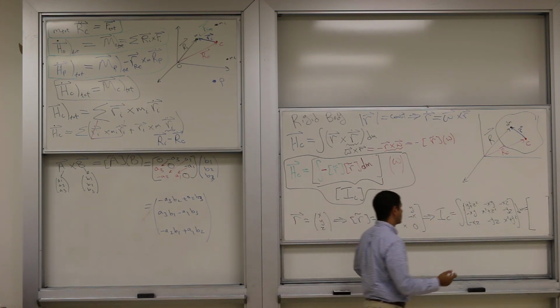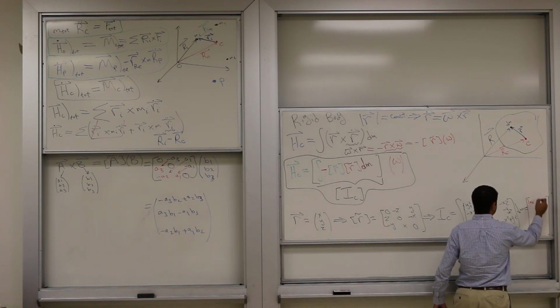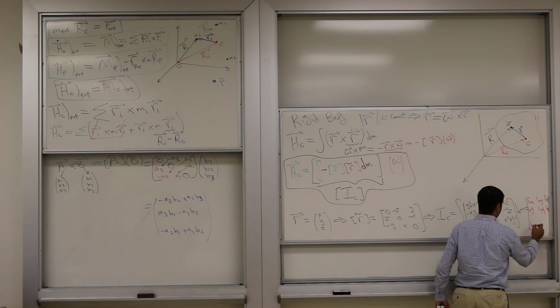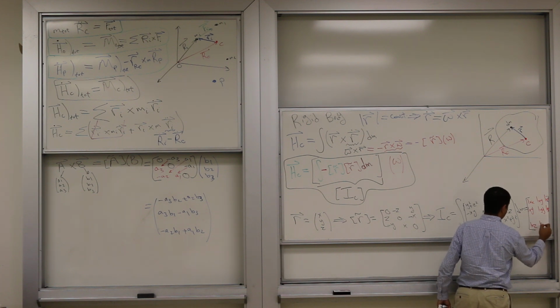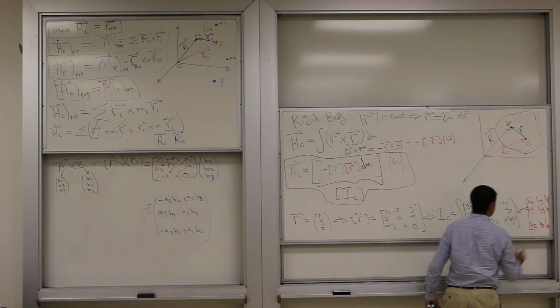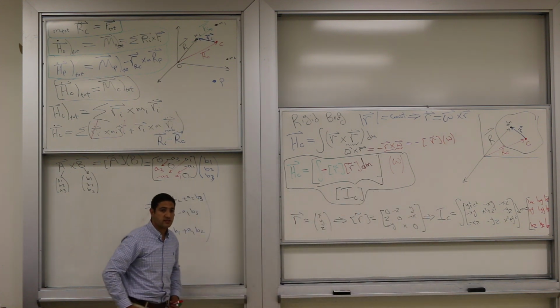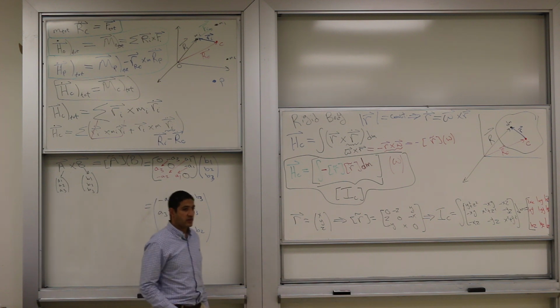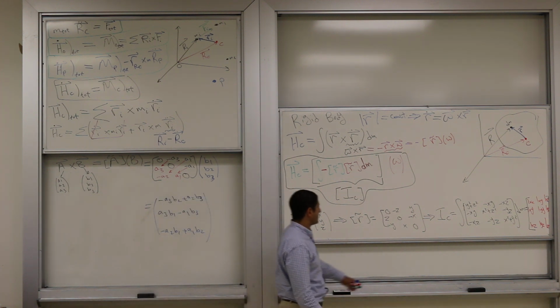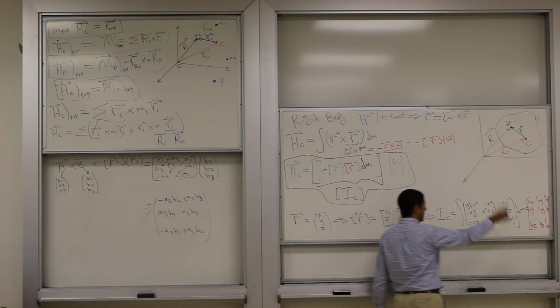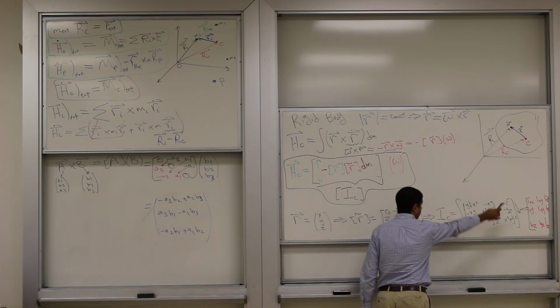We actually call this Ixx, Ixy, Ixz; Ixy symmetric, Iyy, Iyz; Ixz, Iyz, Izz. This is the inertia tensor. It's a symmetric matrix. The ones over the diagonal cannot be negative because you can see here it's all square terms. The ones over the off diagonals, they can be negative. Fine.